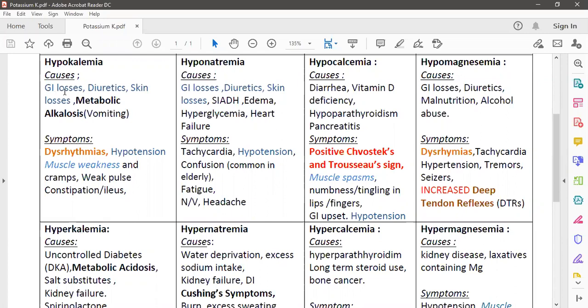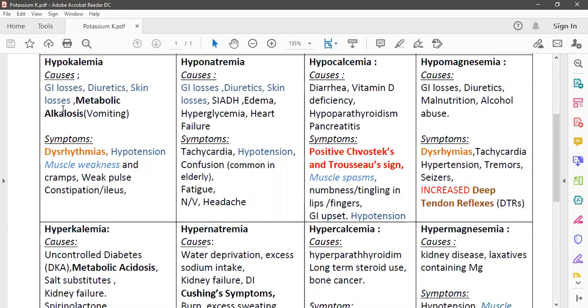The major cause is GI loss, gastrointestinal loss, meaning vomiting, gastric suction, or diarrhea, right? Or diuretics. If you take diuretics like Lasix, furosemide, too much urine passing means fluid loss, and hypokalemia develops.